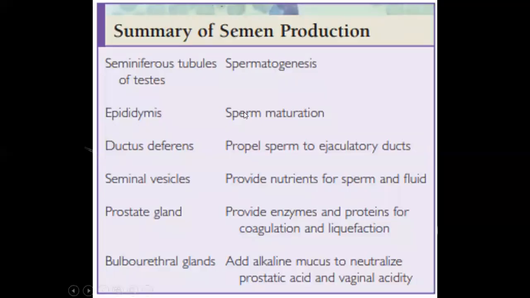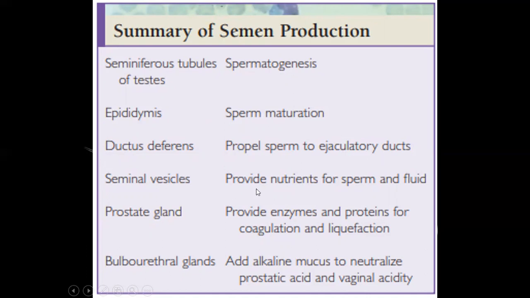So this is a summary of the different functions of each of the organs that make up the male reproductive tract. Again, your seminiferous tubules are responsible for spermatogenesis. Your epididymis is the area where your sperm matures. Your ductus deferens propels the sperm to the ejaculatory ducts.